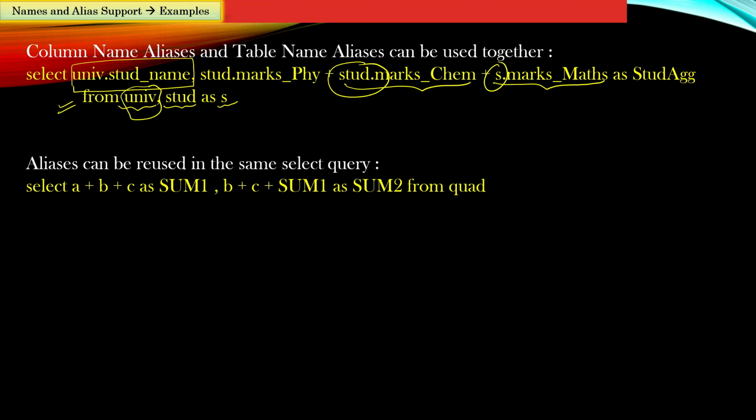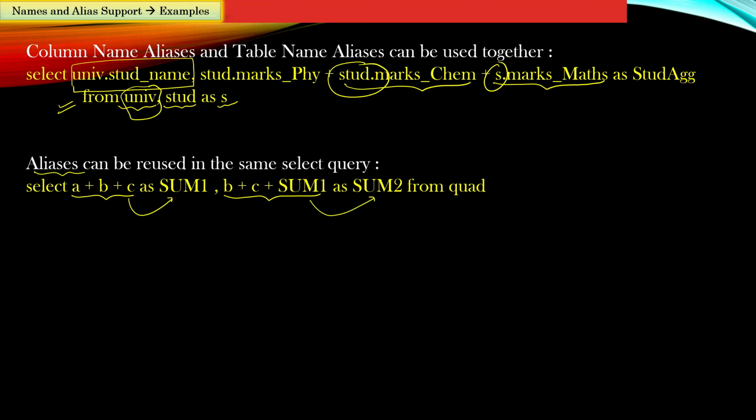All right. And in addition to that, we are also going to provide flexibility to the user to reuse the aliases in the same select query. So here you can see that the select column expression A plus B has been aliased as sum1. And the second select column expression B plus C plus sum1 has been aliased as sum2.